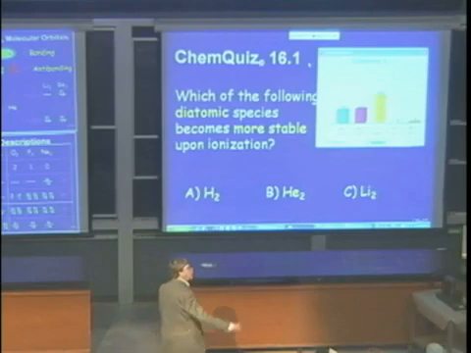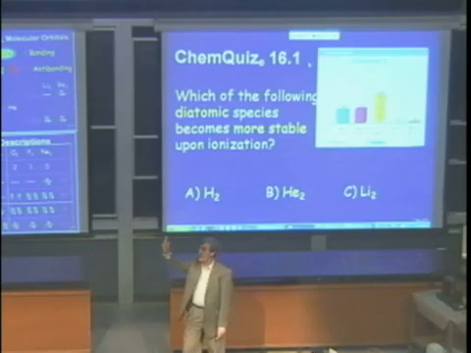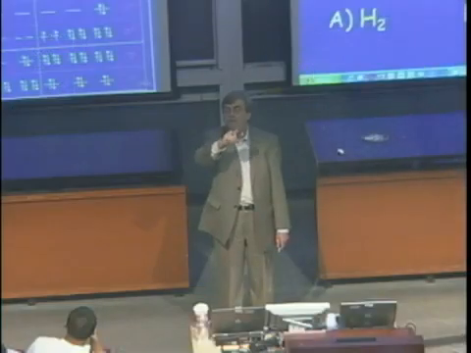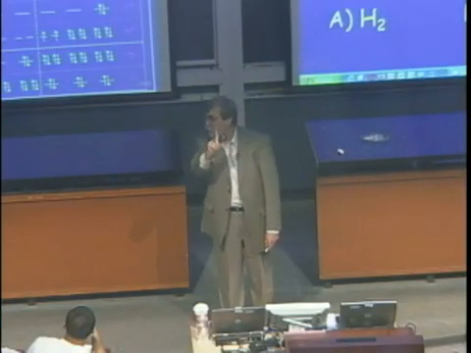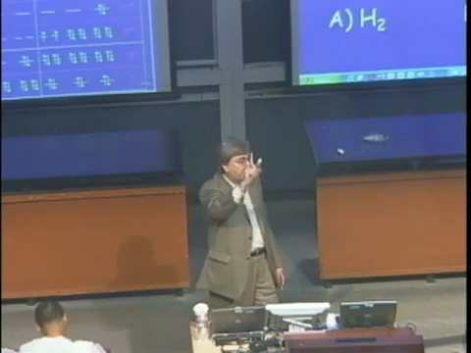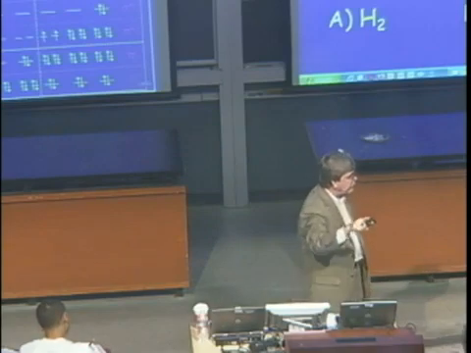Now you take 1 electron away. How many do you have now in your bonding? 1 minus 0 divided by 2 is what? 0.5. Exactly. Bond order 0.5. Your bond order has decreased now. It became less stable.